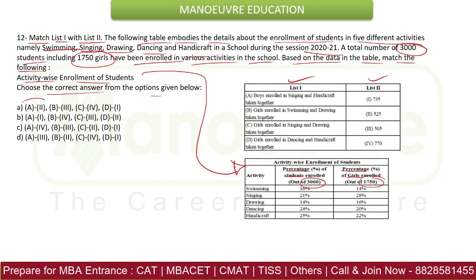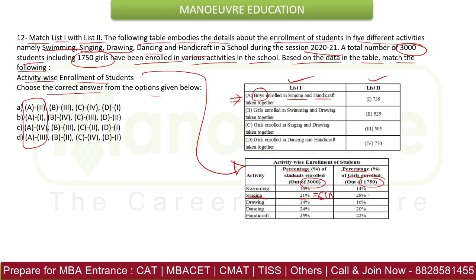Now if you could see, in all the options we have A matching with 2, 1, 4 and 3. So instead of trying for all the 4, why not focus on A only first. Let's find out the percentage of boys enrolled in singing and handicraft taken together. So you see the total percentage of students enrolled in singing is 21. So if we take 21%, that will be 21 into 30, so that will be 630.